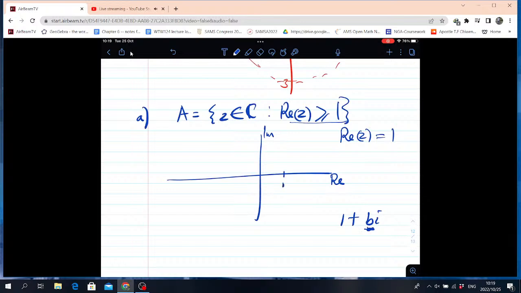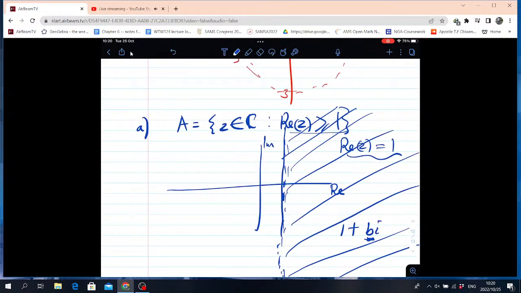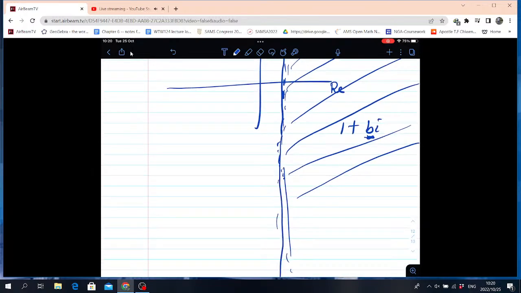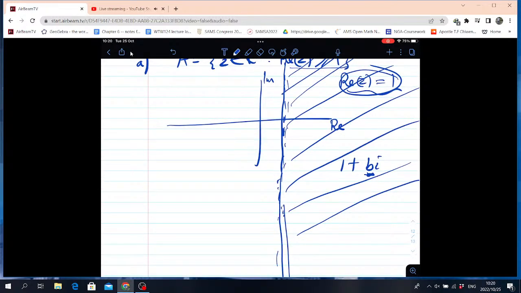So our 1 is here. This would be the real part being equal to 1. But we want where the real part is greater or equal to 1. So we have to include everything that is on this side, and we also include the line. Why? Because the line would be where it is equal to.